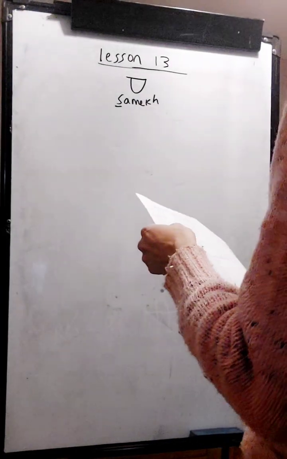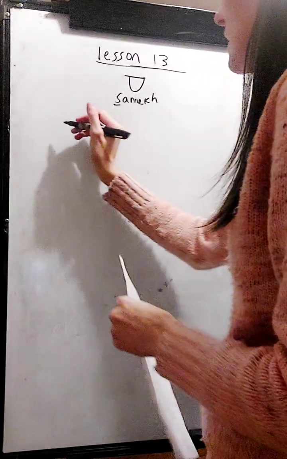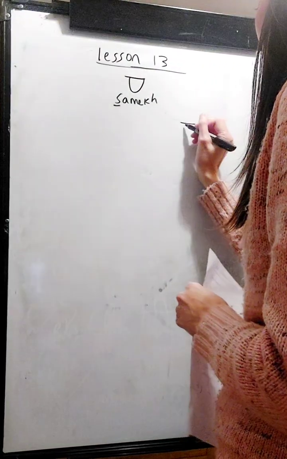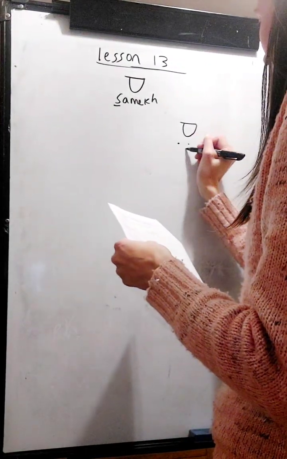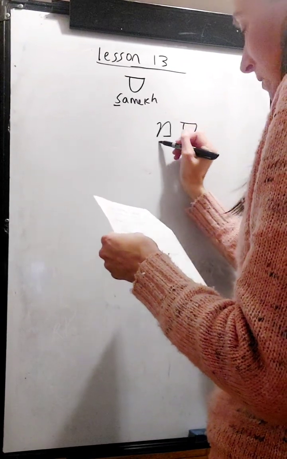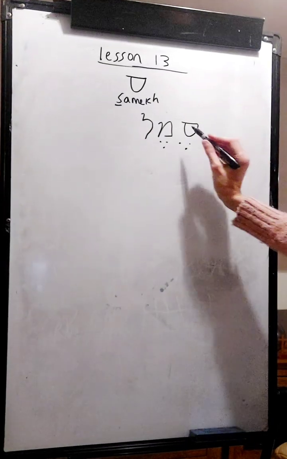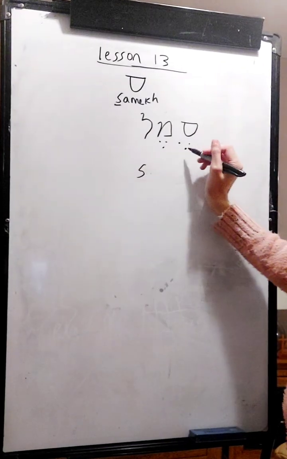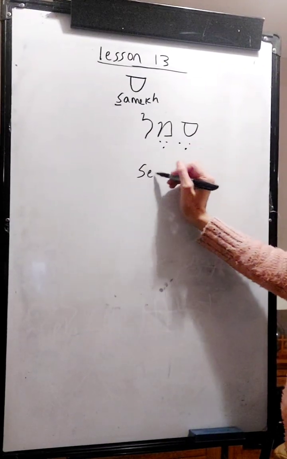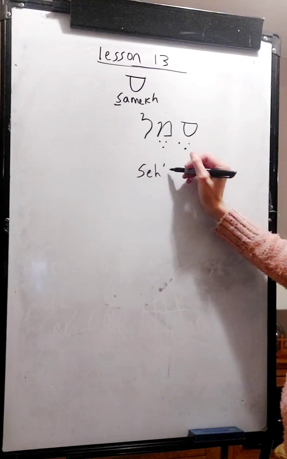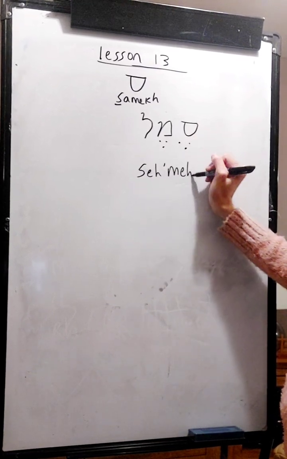We can have a look at some Hebrew words. We'll just do two words to learn. So the first one we do. Okay, so this one, sound of the consonant, sound of the vowel underneath, is the three dots, which is air.